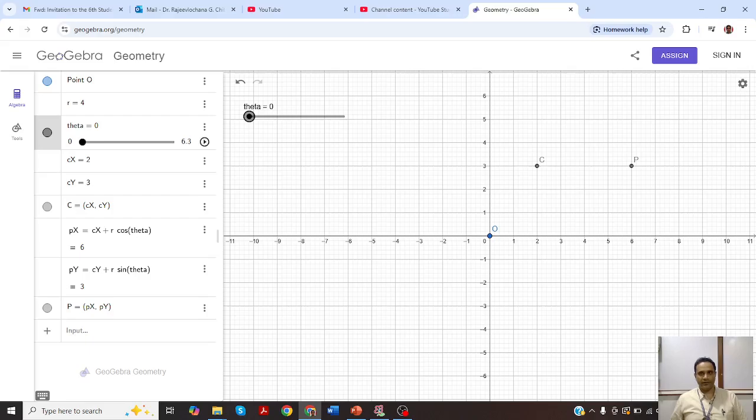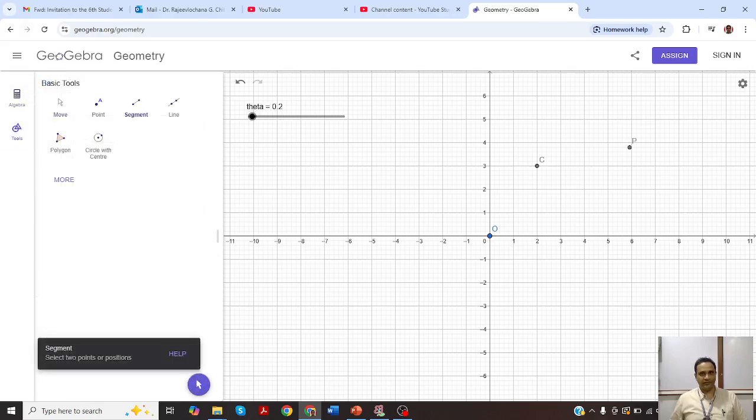If I click on this play button, you can see that the point P is moving on a circle, and this is typically the case of a revolute joint. So imagine there's a, let me try to put it this way. I can go to the tools.